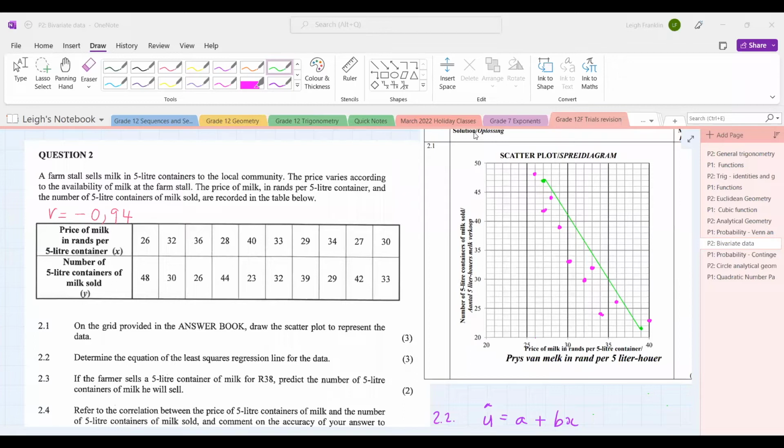So what you want to do is find two points, one just bigger than the minimum, one just smaller than the maximum, and then connect those two together. That will allow you to interpolate, which is the correct word for predicting within the data that's been given.